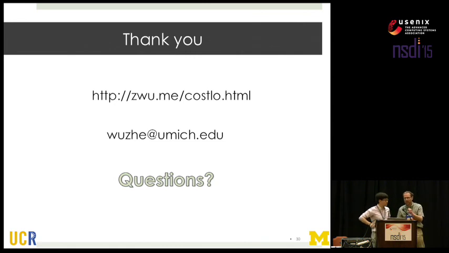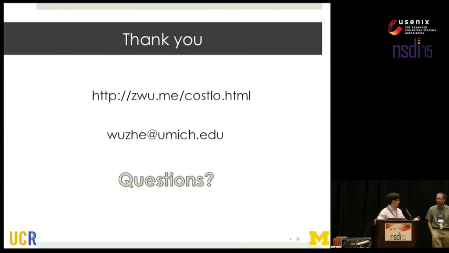I actually have a question. I was wondering, as the cloud providers are not constant units, they change their policies. What does CosTLO do to adapt to changing cloud providers? So CosTLO has a model. The key component in CosTLO is estimating latency.